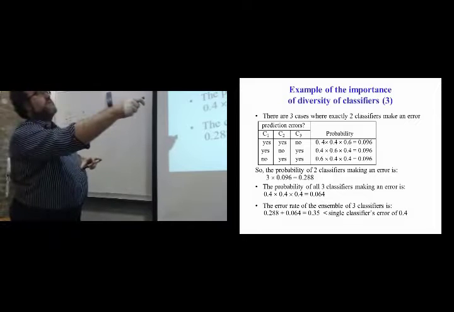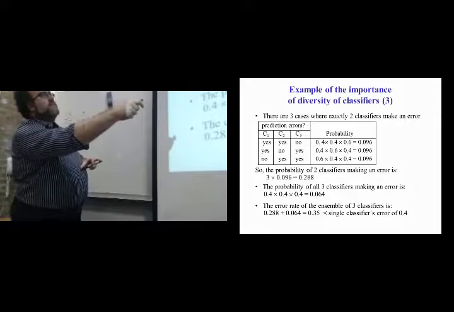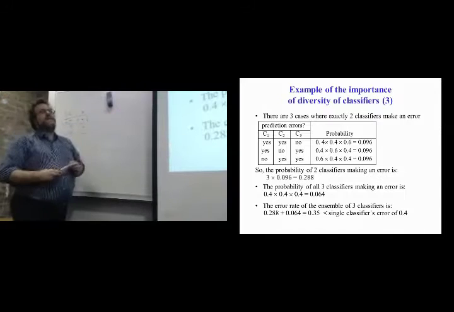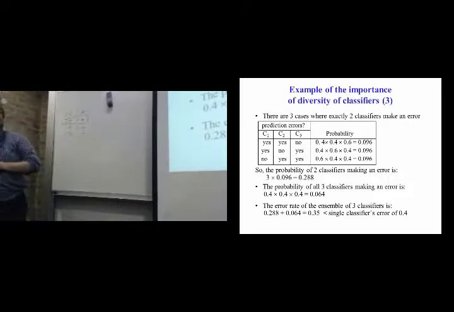We can say that the probability of that is the probability of one making an error, times the probability of the second one making an error, times the probability of the other one getting it right. And there are 3 different ways to do that. So we can add those up, or more importantly, we can just multiply that by 3, because multiplication of decimals is commutative, no matter what order you do it in.